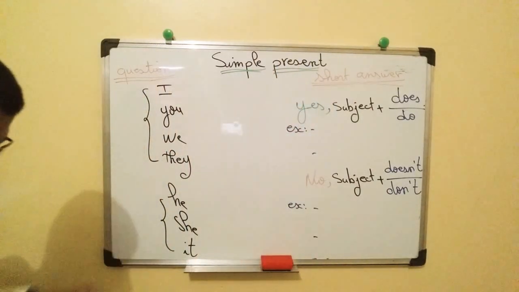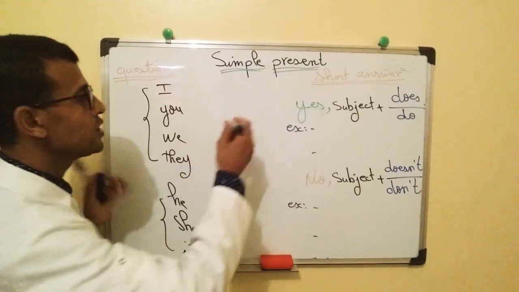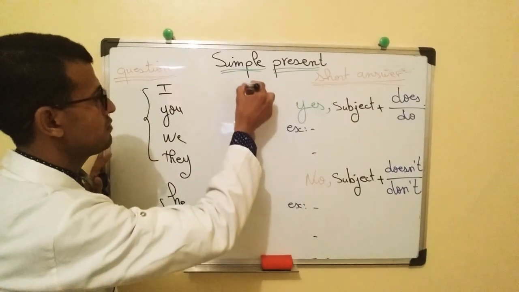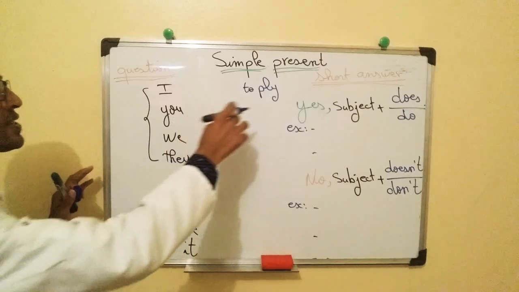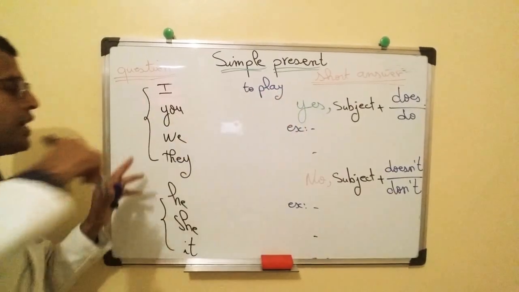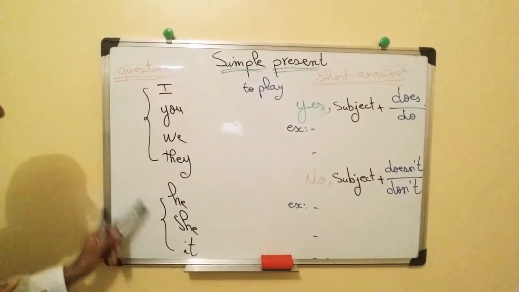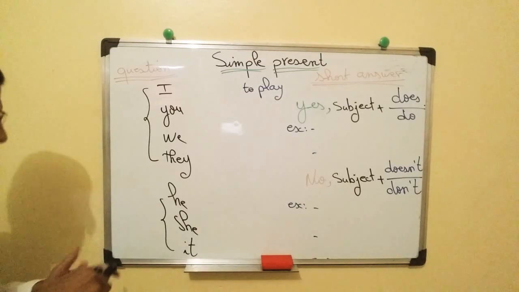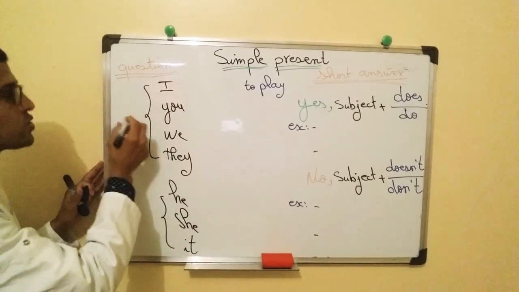So let us take for example the verb to play. If I want to ask a question about the verb to play, we use before the subject, for example with I, you, we, and they, do.